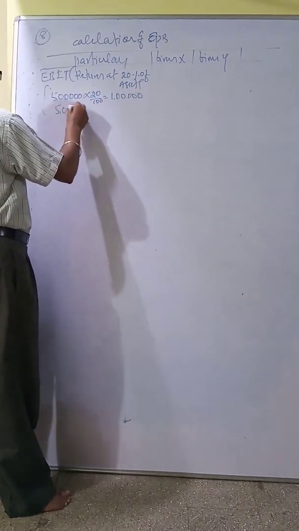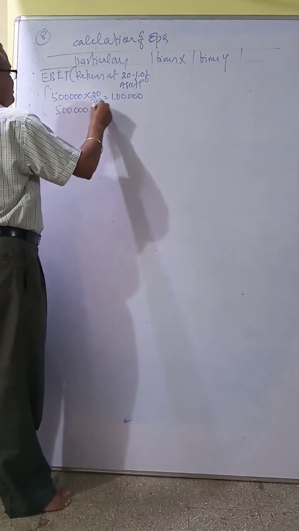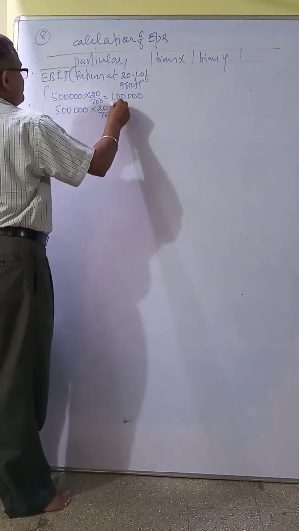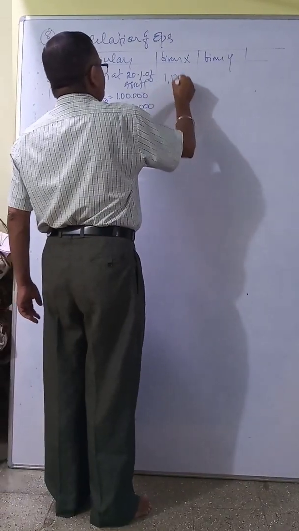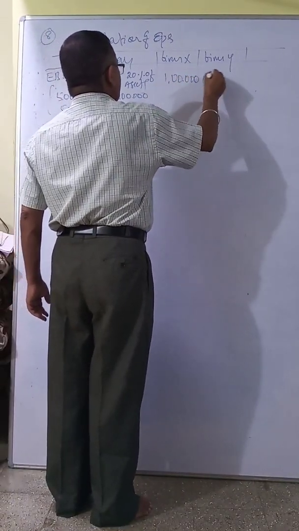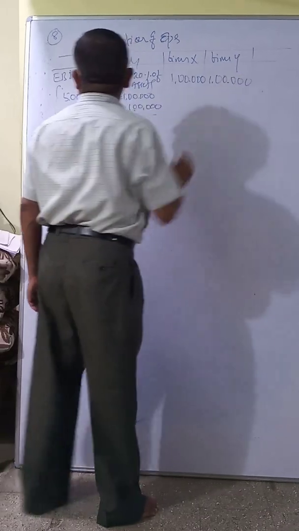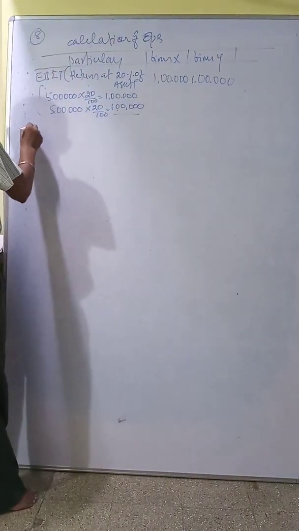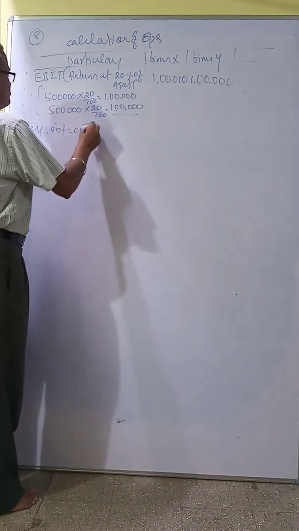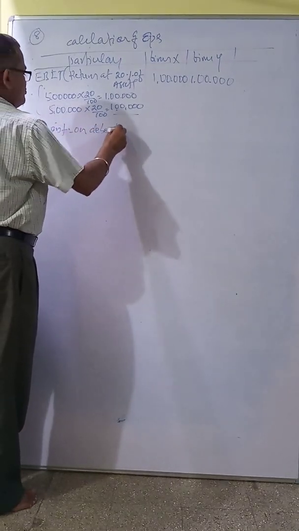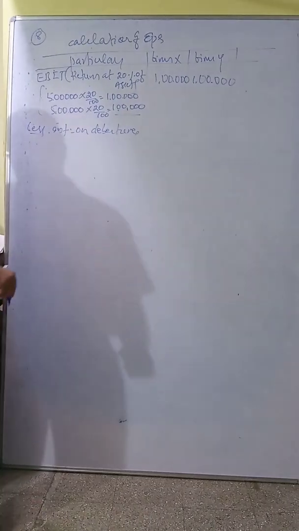Another company's assets, 5 lakh into 20 divided by 100, so 1 lakh. So 1 lakh EBIT, and Y firm also 1 lakh. Less: interest on debentures.